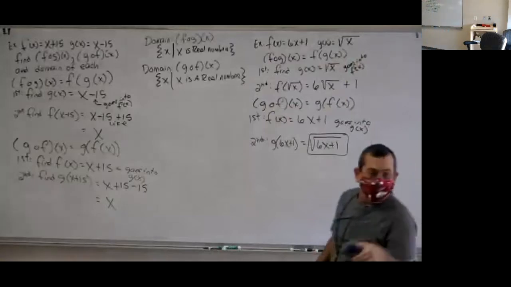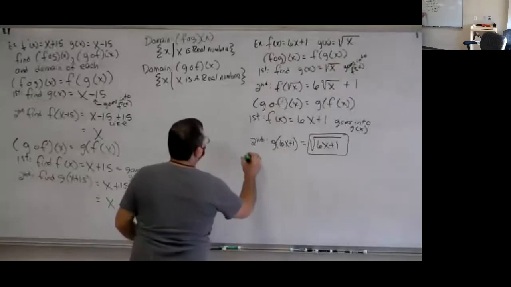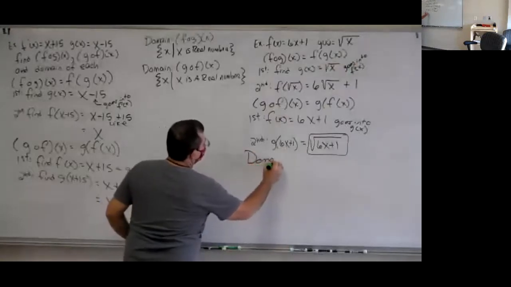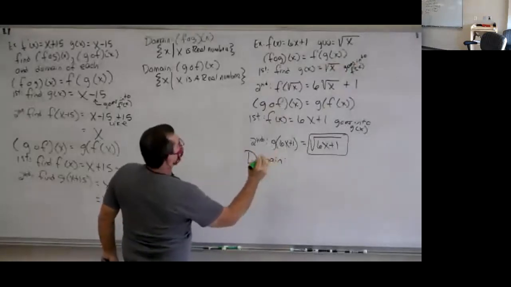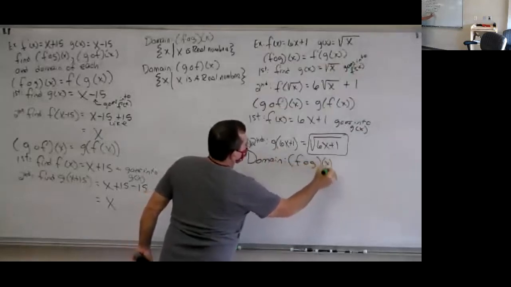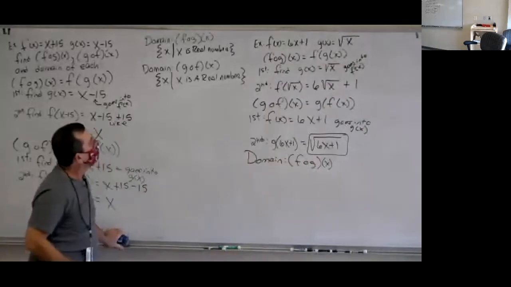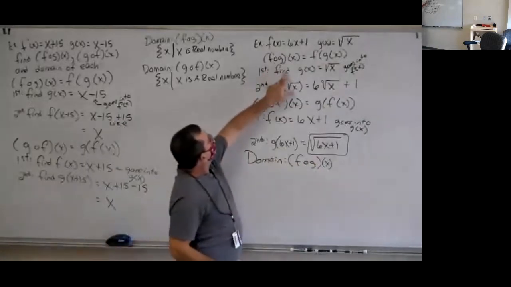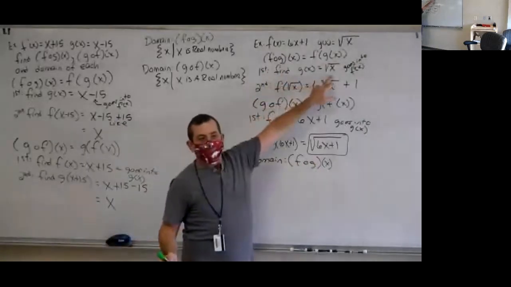Now here comes the domain. And I'll do the domain of f of g first. So I did f of g first, but bam, I hit a radical right off the bat.